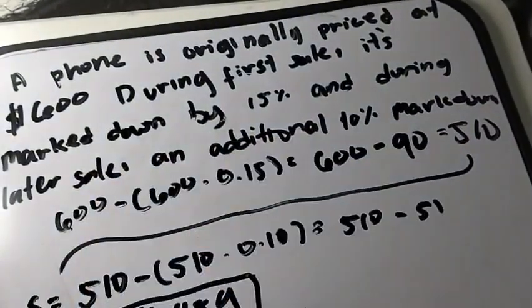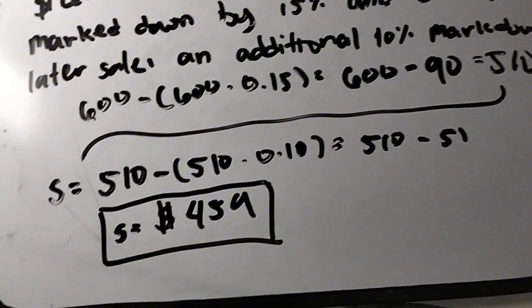And I will give the final example for markdown. A phone is originally priced at $600 during the first sale. It's marked down by 15%, and during a later sale, an additional 10% markdown is applied.